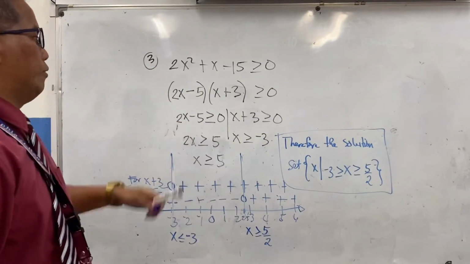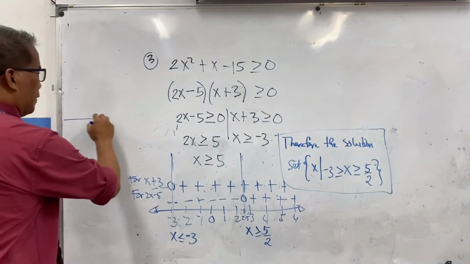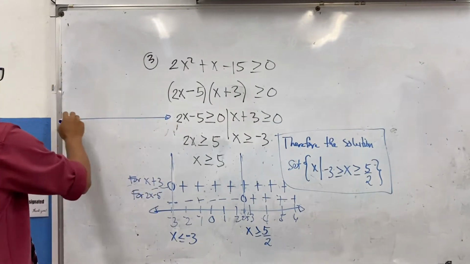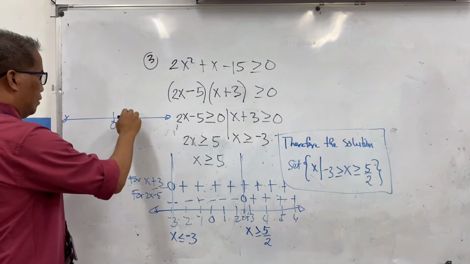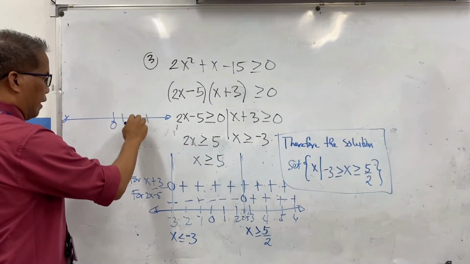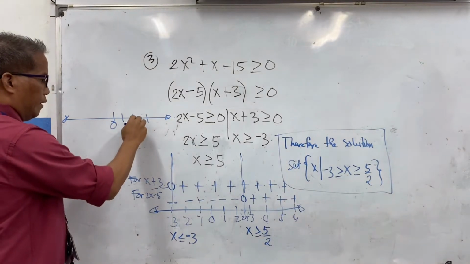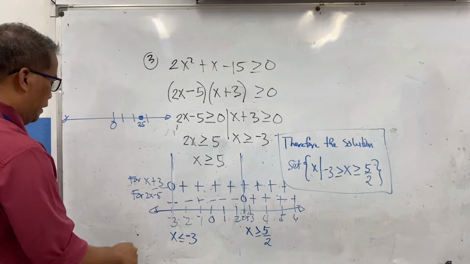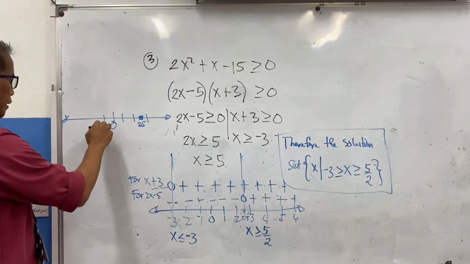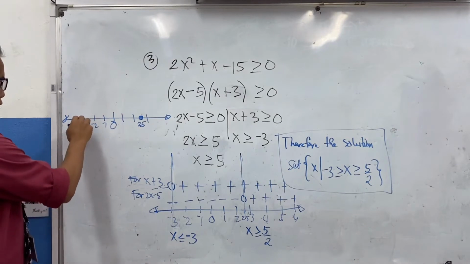Then another question we need to graph. To graph this, assign 0 at the middle. Then 1, 2, 3. So 5/2 is here, which is equivalent to 2.5. So this will be a closed circle. And then negative 3 is here: negative 1, negative 2, negative 3, and also a closed circle.